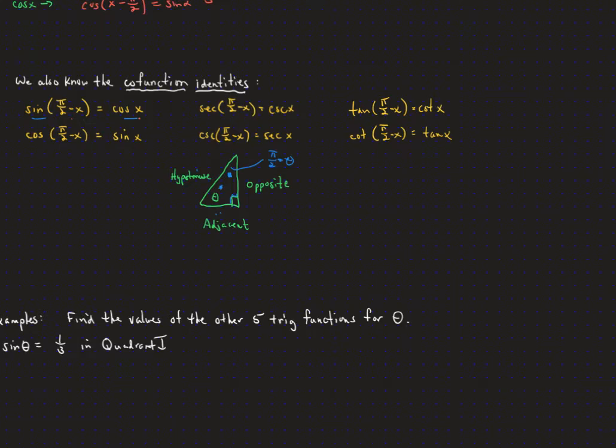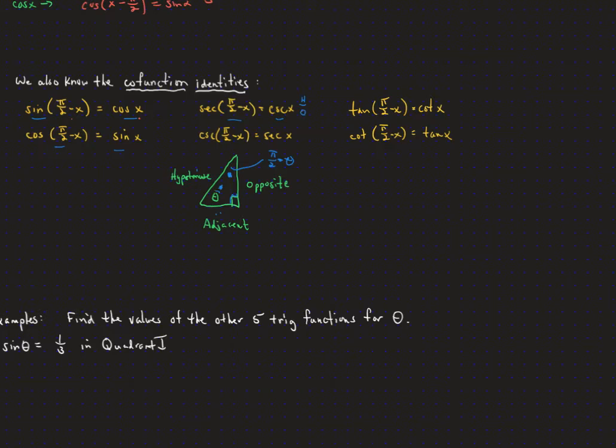And the same is true if we switch around the role of sine and cosine. That also works for the secant and the cosecant. Remember, the cosecant is the reciprocal of sine. Sine is opposite over hypotenuse, so the cosecant is going to be the hypotenuse over the opposite.